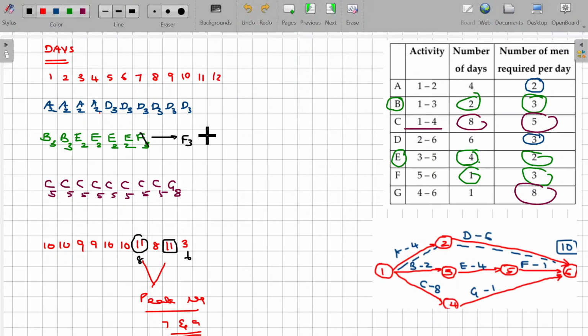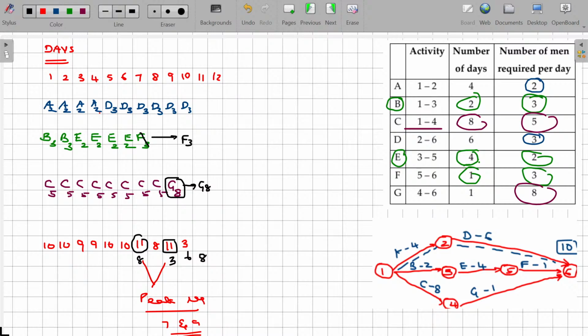What you can do is shift this G, 8, to the 11th date. By shifting to the 11th date, your employee requirement is 8, and the number of employees required on the 9th date is reduced to only 3.